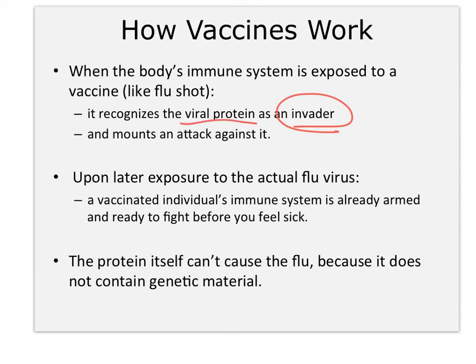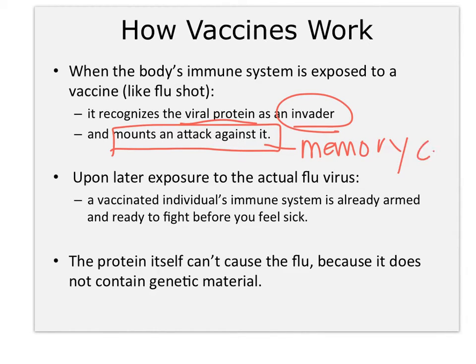So we use one protein of a virus or a dead virus that can't possibly hurt you, cannot make you sick, but it tricks the immune system into thinking it's something really bad, and our immune system will mount attack against it and make cells called memory cells.